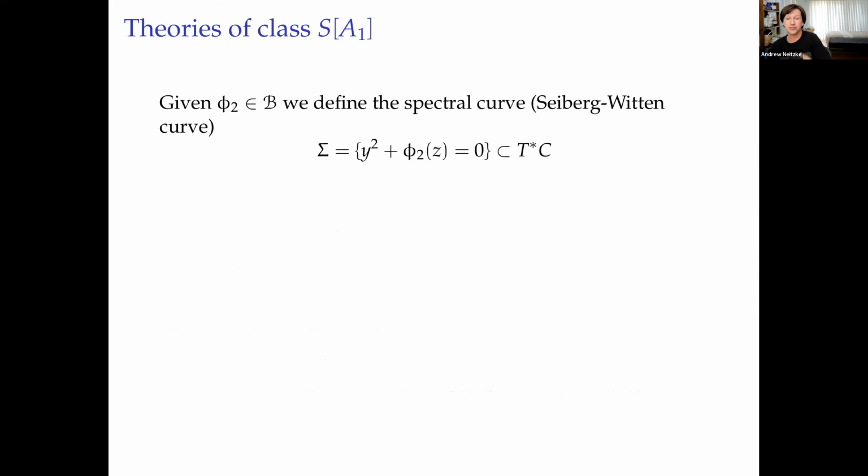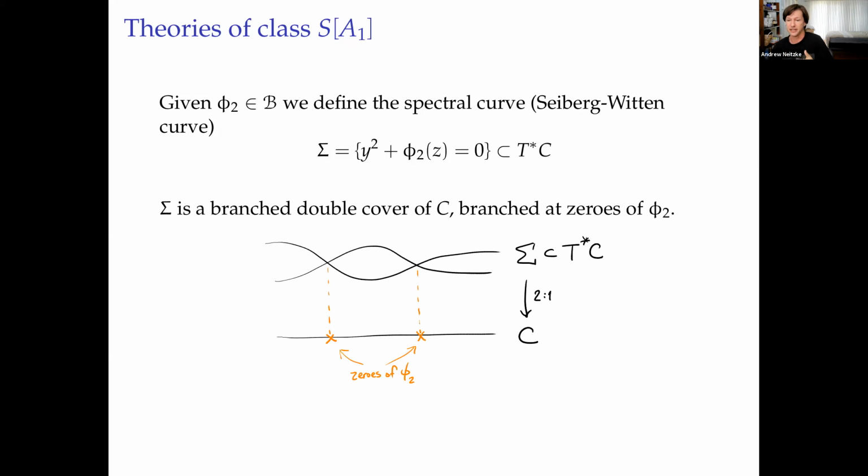Given the Riemann surface and the meromorphic quadratic differential, the first thing we do is we build this other curve called the spectral curve. And the spectral curve is nothing fancy, it's just a two-sheeted covering of C, whose two sheets are the two square roots of the quadratic differential. So it lives naturally inside the cotangent bundle. It's a double cover of the curve.